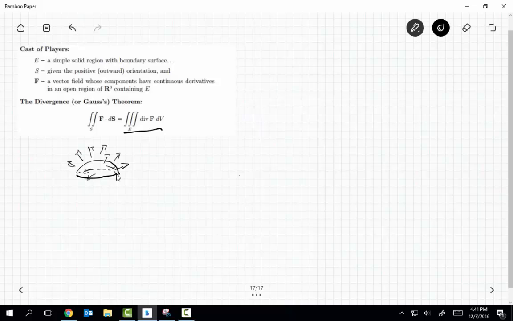But in the case that I've just drawn for you, and I'll show you a way better picture in just a sec, if I sum all of the divergence up over the entire surface, I should probably stick some downward vectors off the bottom. If I add all of that divergence up over the entire region, then that is equal to flux.